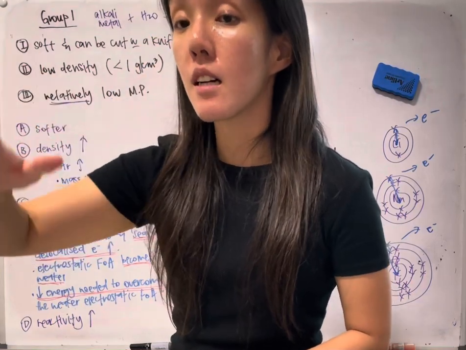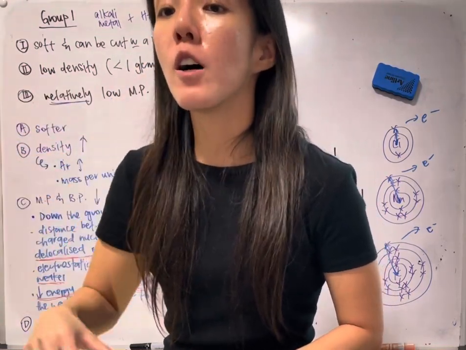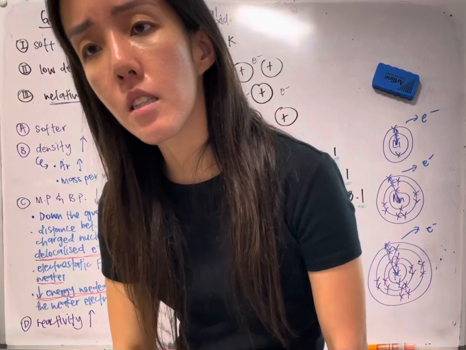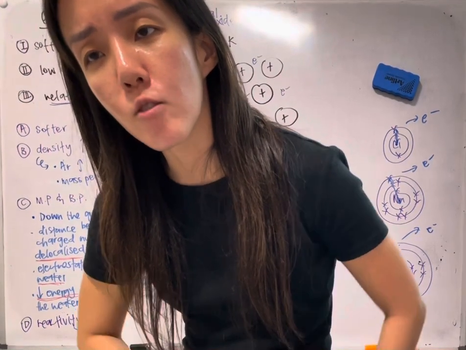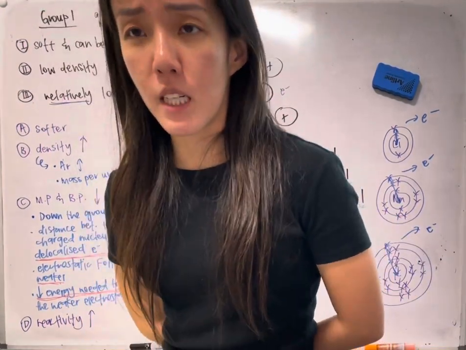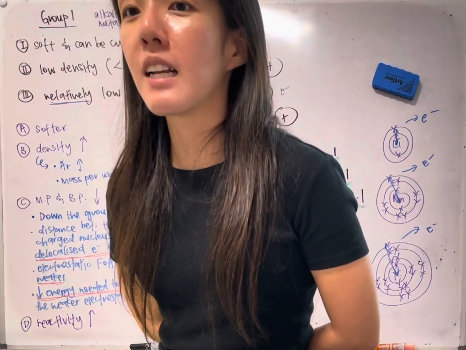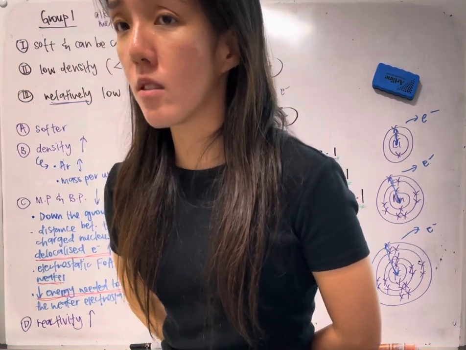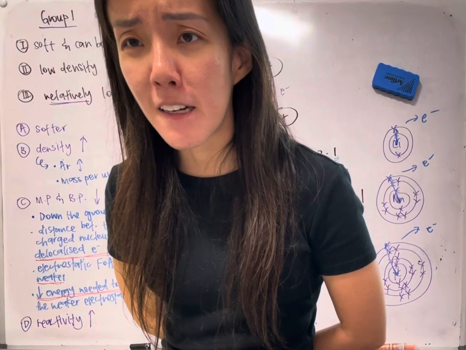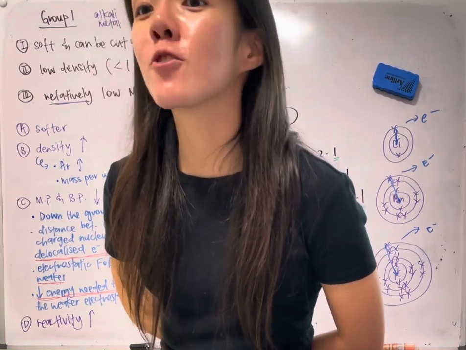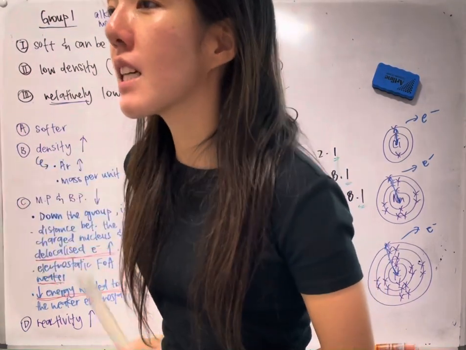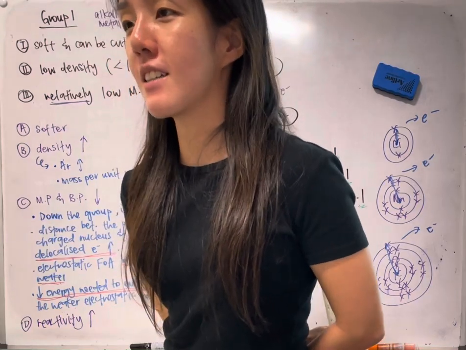Wait, what density increases? I'm asking about properties that are unique to group 1. They have low density and they float. Yes. Why do you talk about density increases? I'm not asking about trends, dear. Continue. What is another unique property of group 1 metals?